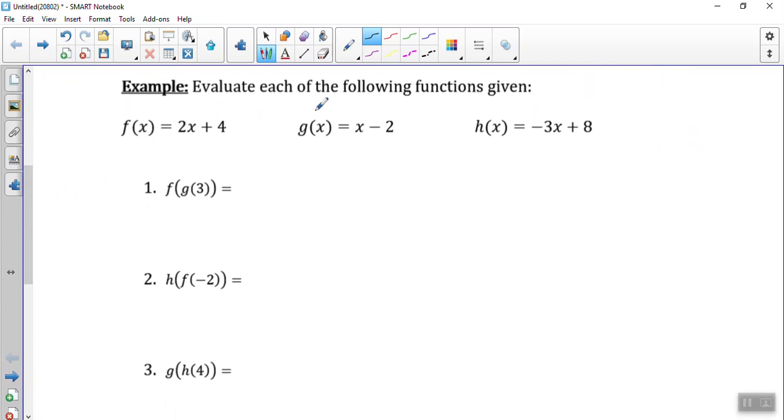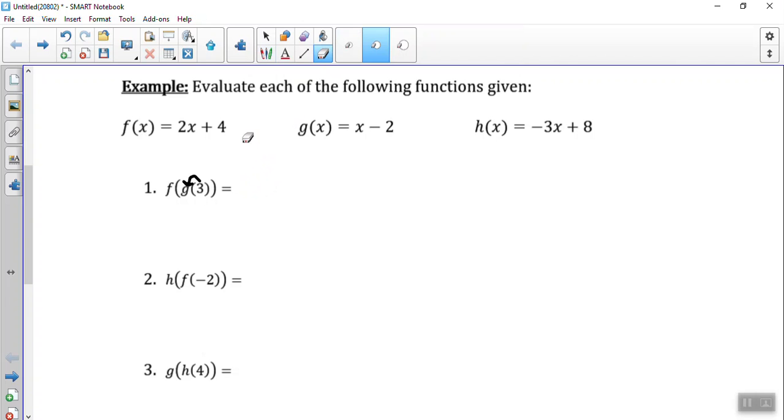Alright, so let me show you how we work these problems. Here I'm given 3 functions. I have f of x equals 2x plus 4, g of x equals x minus 2, and h of x equals negative 3x plus 8. When I look at this, it's asking me to take the 3 and plug it inside g of x first.